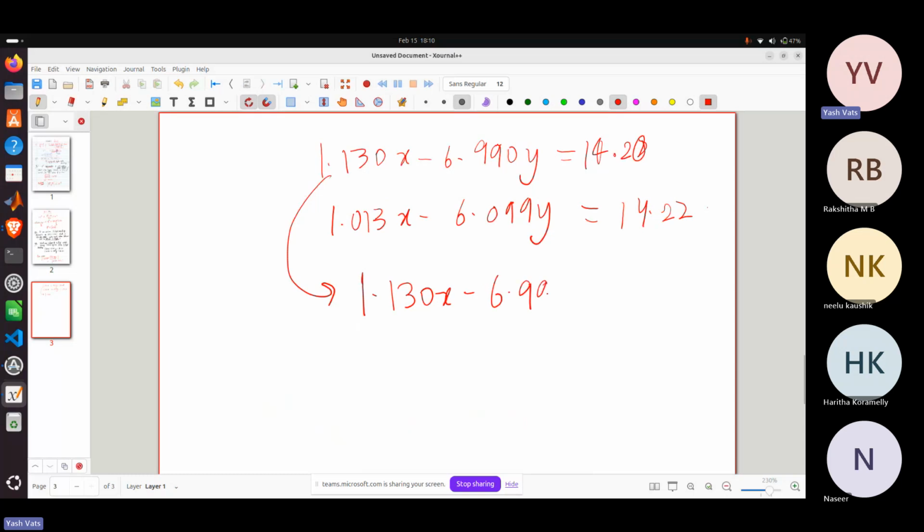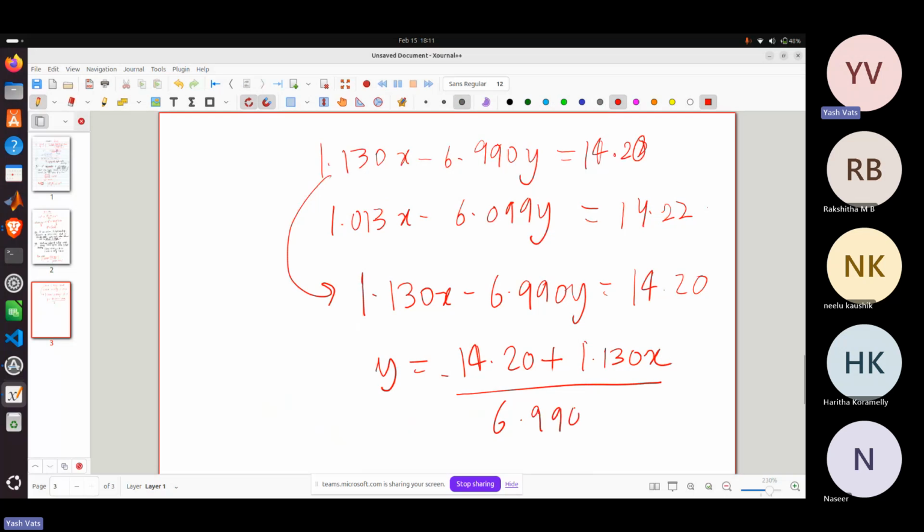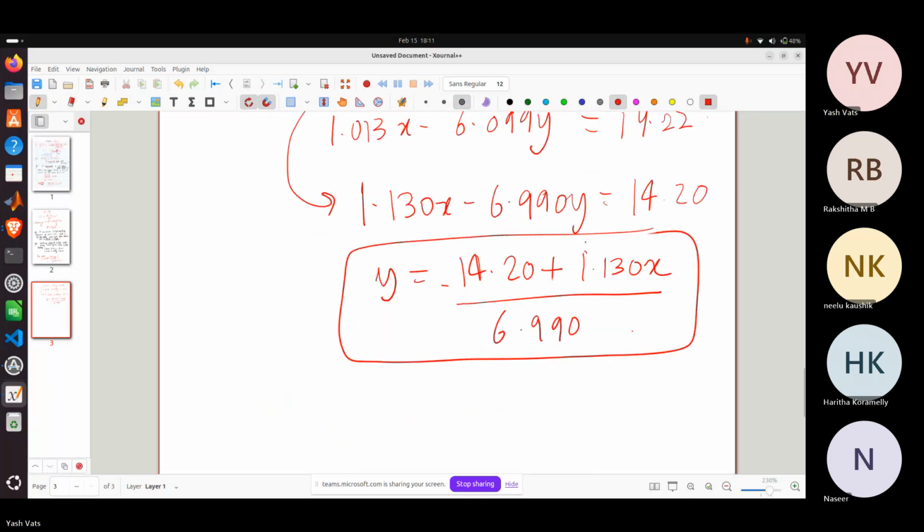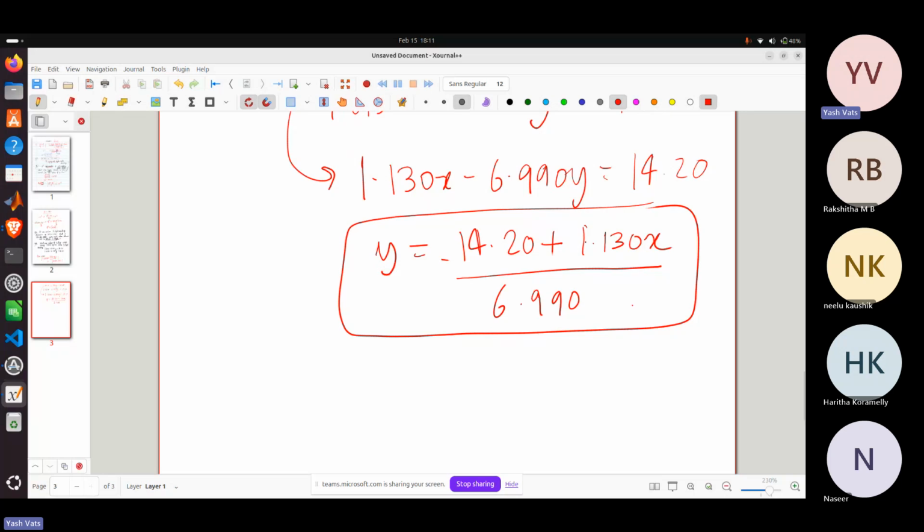This one I just write again. So the value of y you will get is 20 plus, oh, that is minus a bit, minus 1.130x, that is minus plus 6.990y. Oh, sorry, it's not y. So you get some value for y, and you substitute that in your second equation.